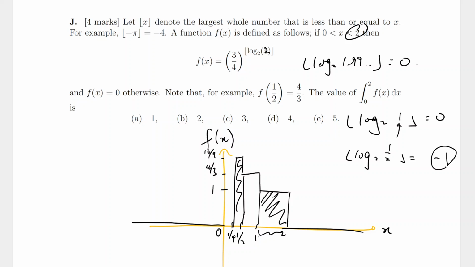And the height is multiplied by 4/3, because every single time the power drops down by 1, so this whole thing gets multiplied by 4/3.